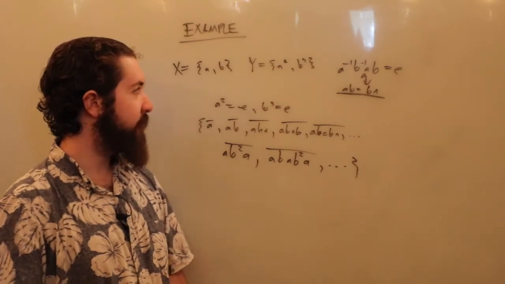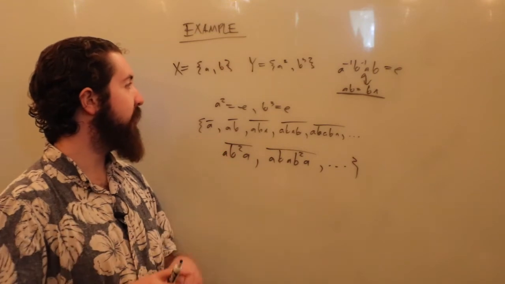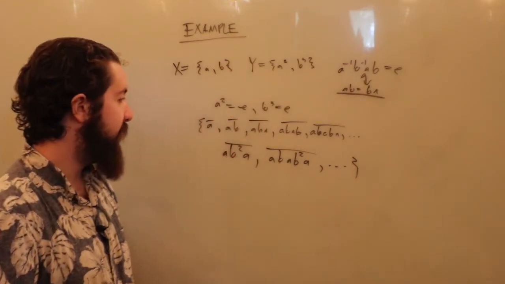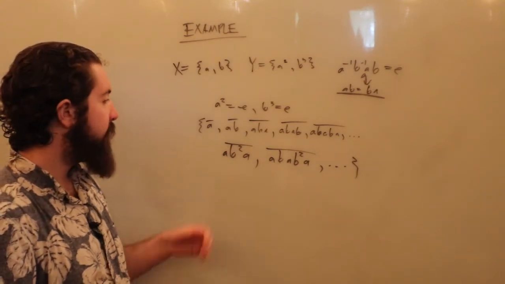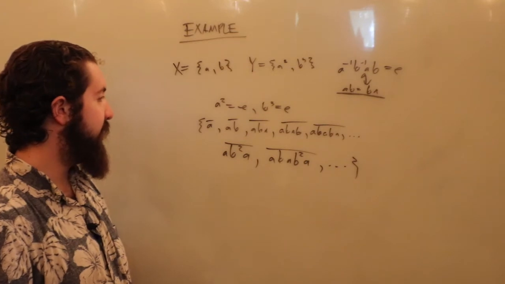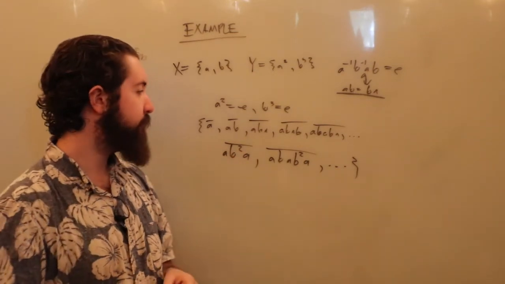It does have what I would liken to a torsion component. We haven't talked about that yet in the context of abelian groups, but we do have some things squaring to the identity, cubing to the identity. We have sort of a cyclic component, if you will.